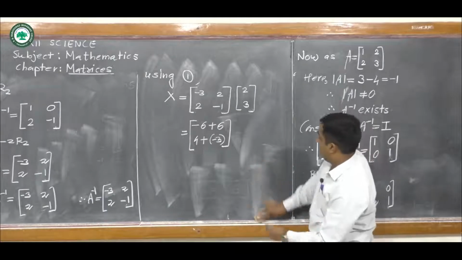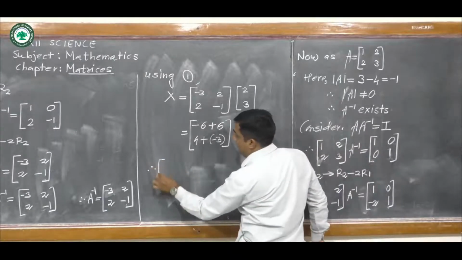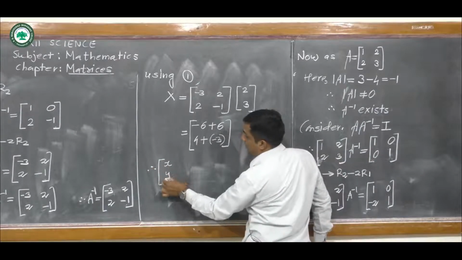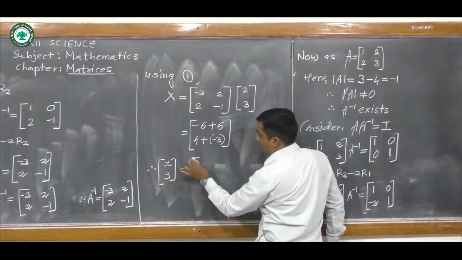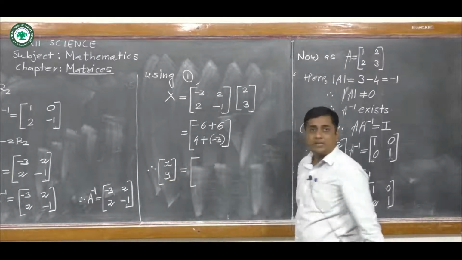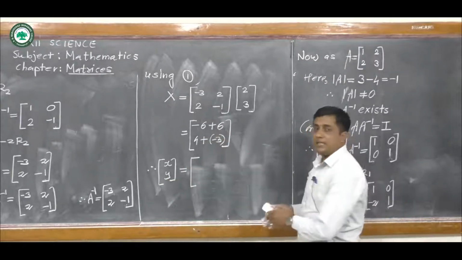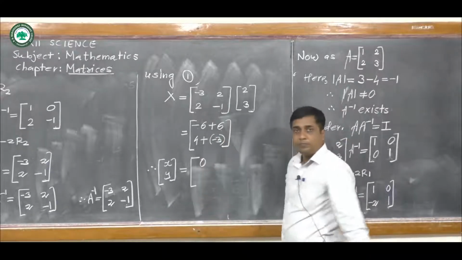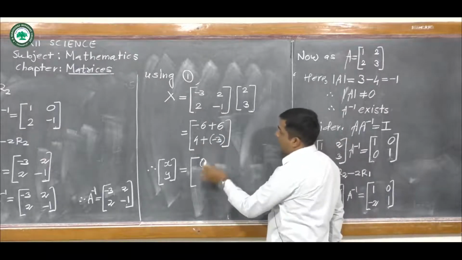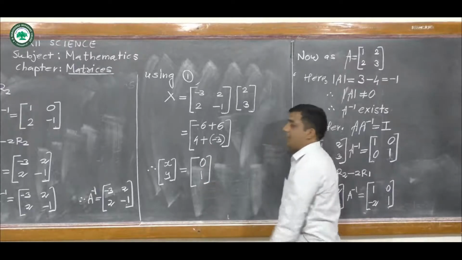Then I write this as, we know this matrix X has elements x and y, and this is equal to the matrix in which minus 6 plus 6 is 0. Then 4 minus 3 is 1.